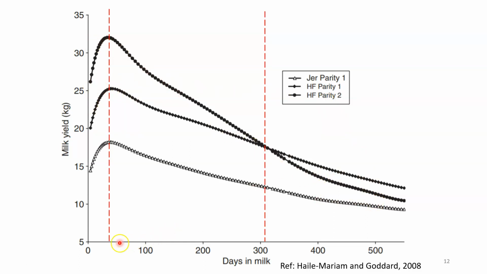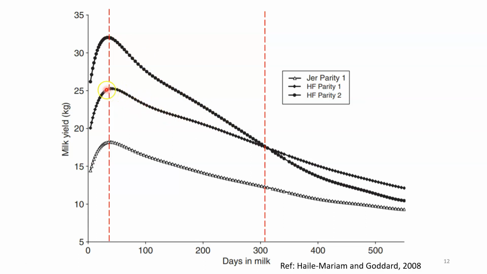Like I said earlier, it depends on the breed, the management system, the country, the climate, how much you let them eat, how soon or late you achieve peak and how long the peak lasts, and how much the decline is. So you can appreciate that the decline here is much faster than the decline here.